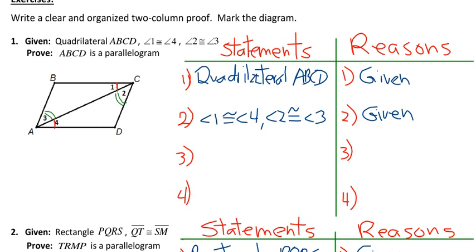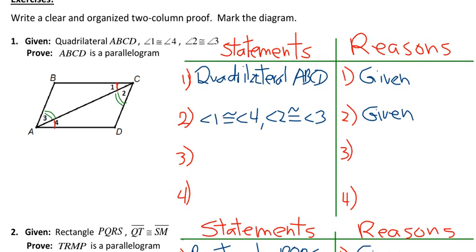So what we have here is alternate interior angles that are congruent, and that would make BC parallel to AD. So here we are using the converse of the alternate interior angles theorem, which would say if you have 2 lines intersected by a transversal and the alternate interior angles are congruent, then those lines are parallel. So that's what it would say.